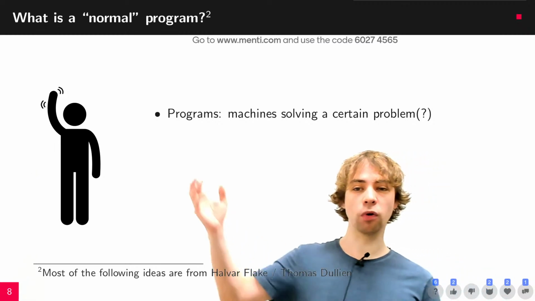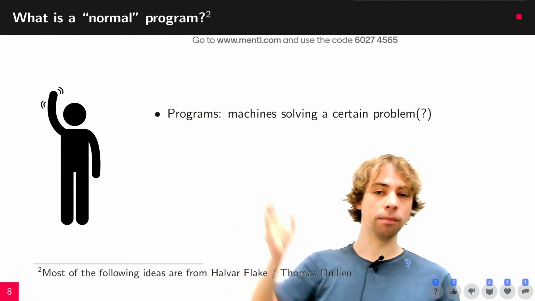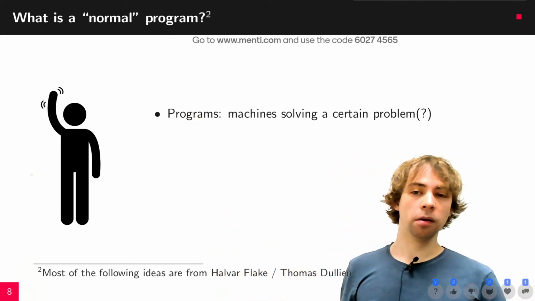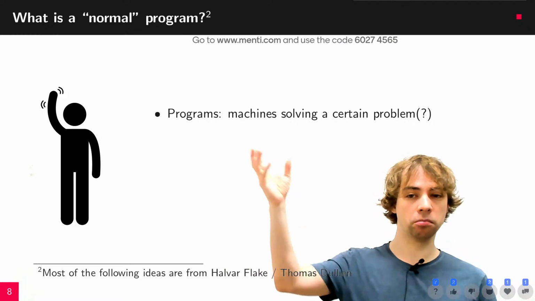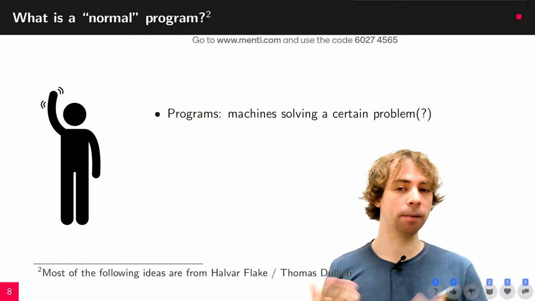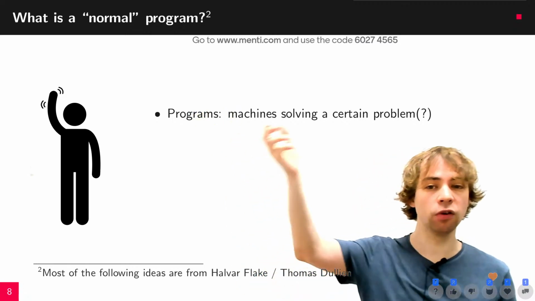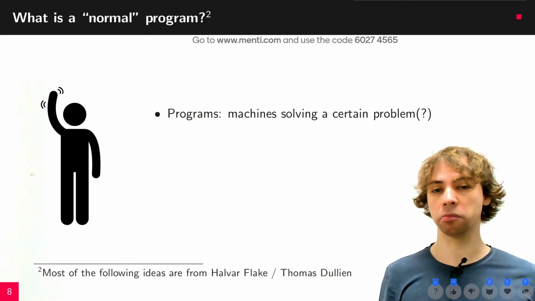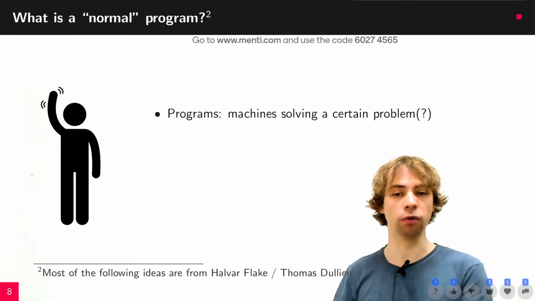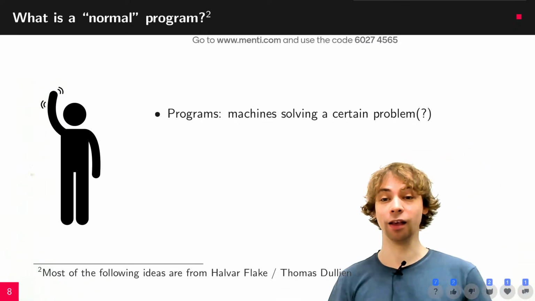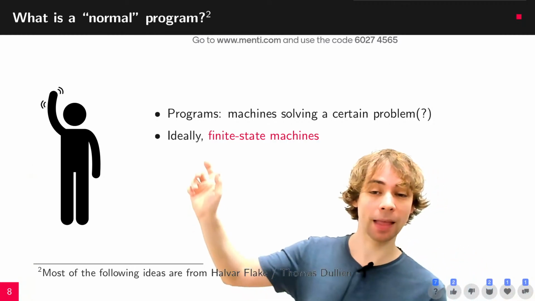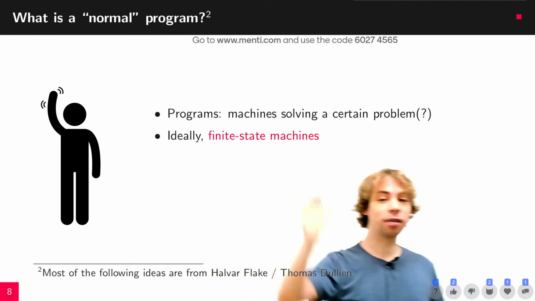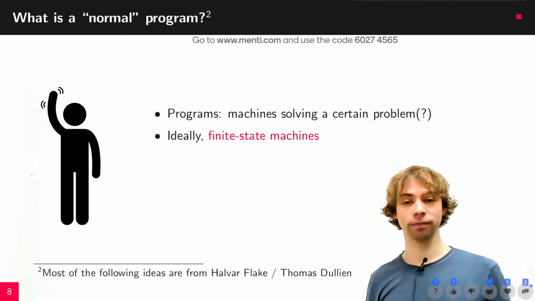What is a normal program? A program, well, the machine computes something, right? The program implements an algorithm that allows the machine to solve some problem, something to compute. Maybe it has to sort something, a program that sorts data, sure. Ideally, these programs are finite state machines.